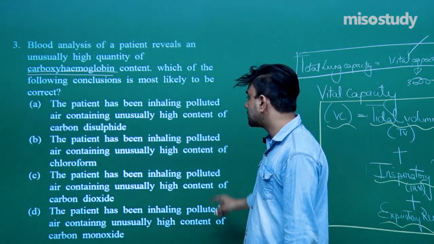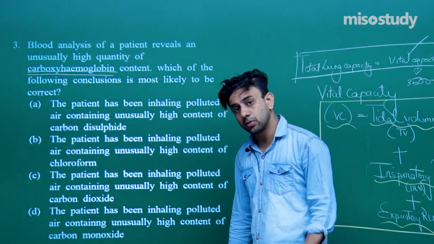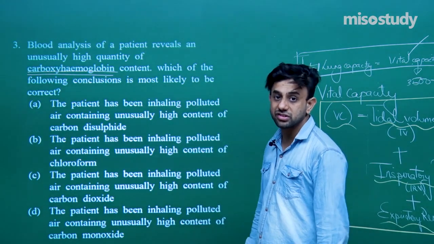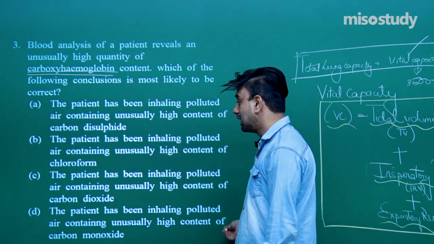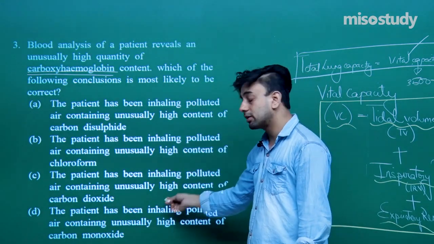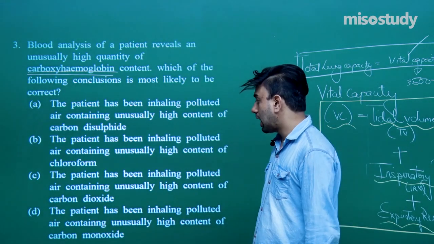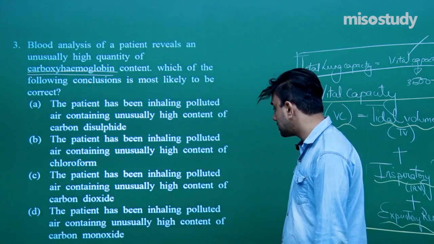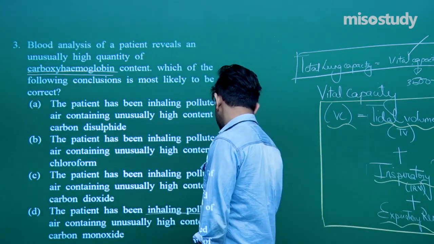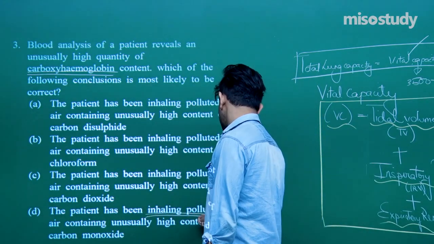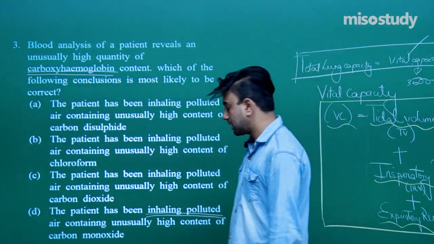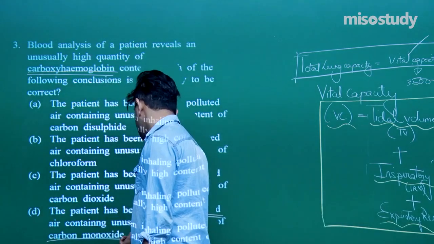Okay, the patient has been inhaling polluted air, right? Polluted air, fine, containing a high content of chloroform. The patient will get unconscious. Chloroform is used for unconsciousness. The patient has been inhaling polluted air containing unusually high content of carbon dioxide, again wrong. And then the next one, the patient has been inhaling polluted air containing unusually high content of carbon monoxide, right, carbon monoxide.